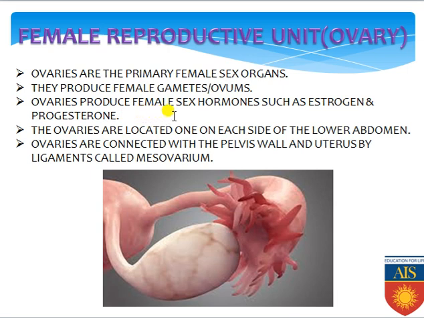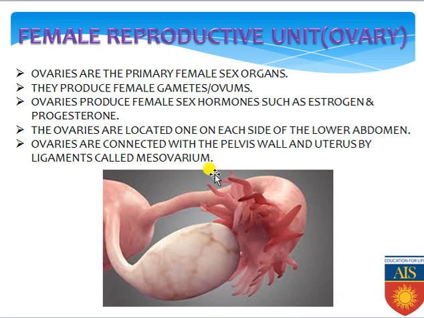Within the ovary some specific follicular cells are present and they are responsible for producing this estrogen and progesterone. Next, the ovaries are located one on each side of the lower abdomen. Keep it in your mind, there are two ovaries and they are present on either side of the lower abdomen. Next, ovaries are connected with the pelvic wall and uterus by ligaments, called the mesovarium.